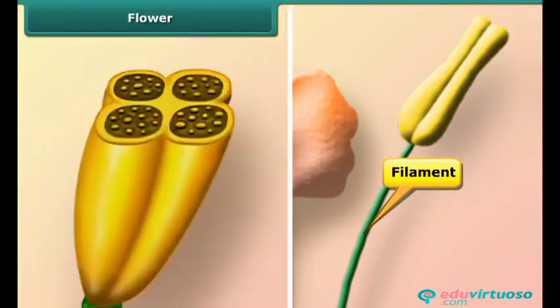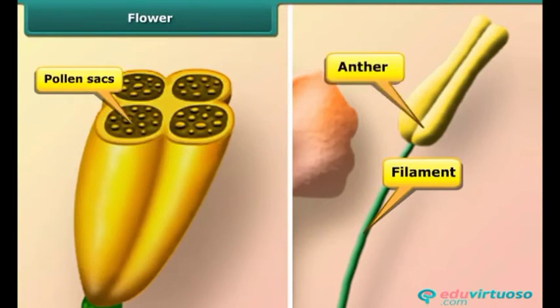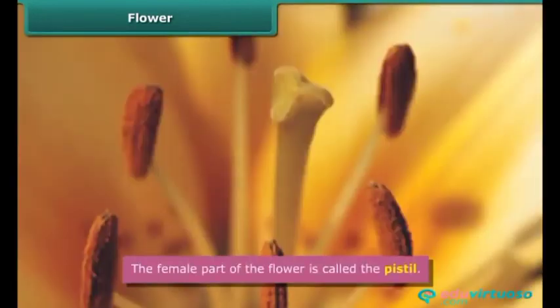Okay, each stamen has a stalk-like structure known as filament, and at the top of the filament there are two sacs containing pollen grains. Okay, these pollen sacs are known as anther.